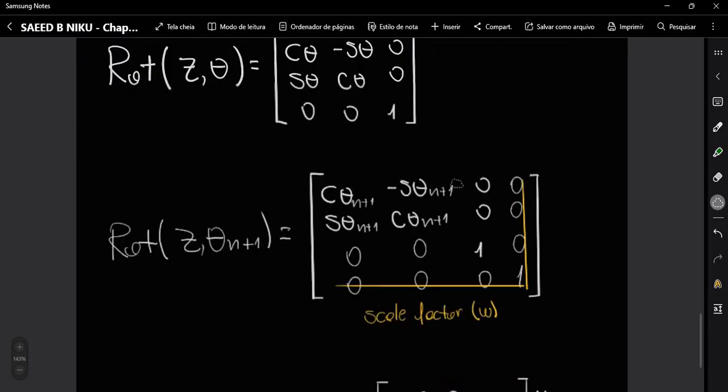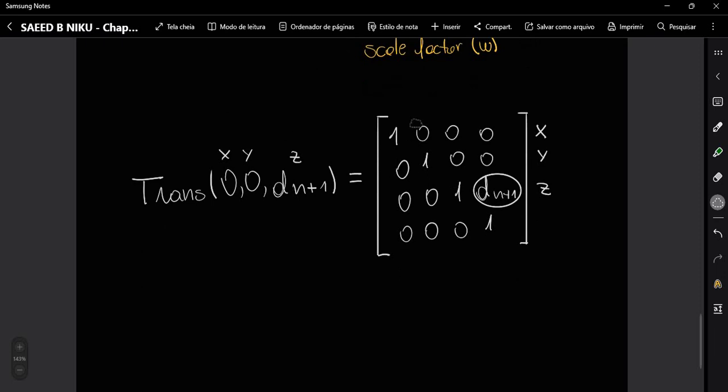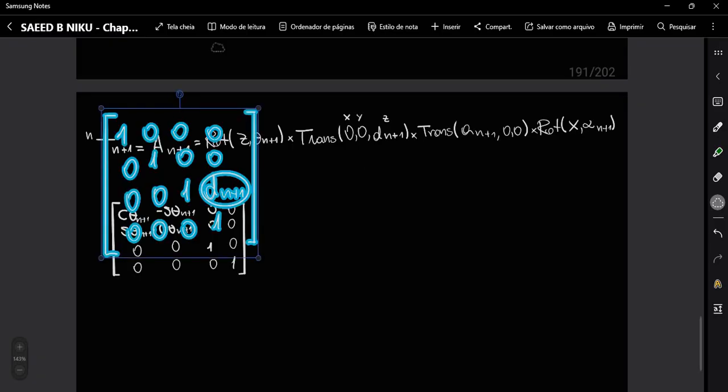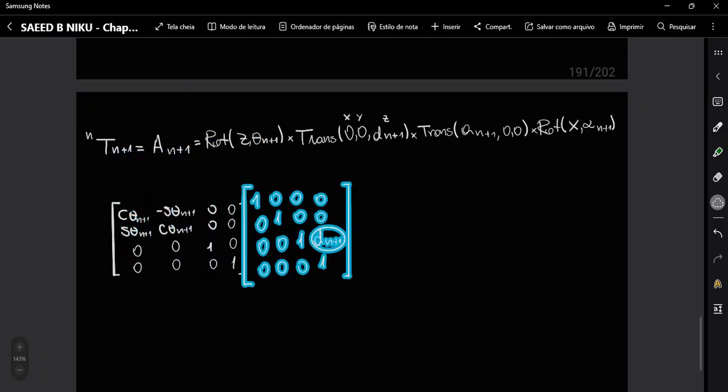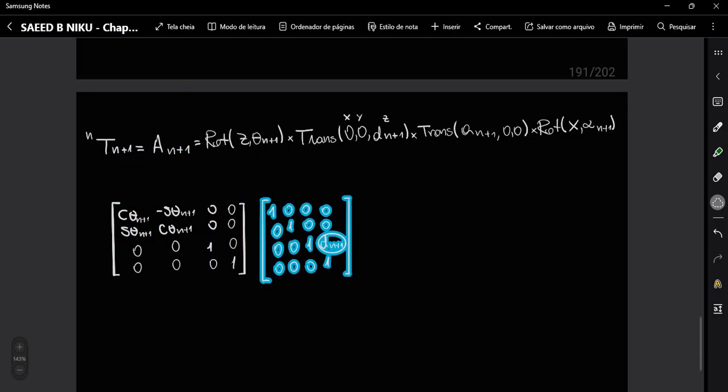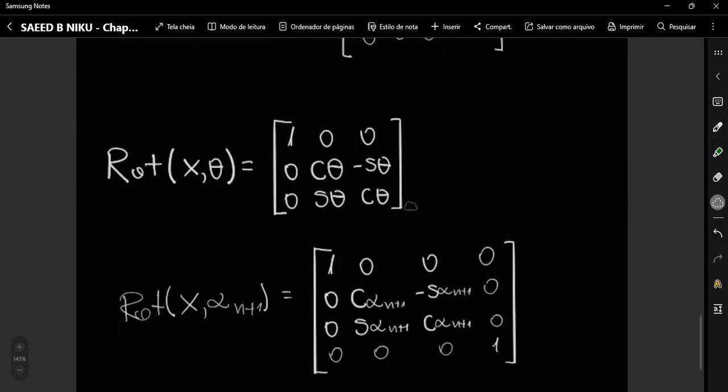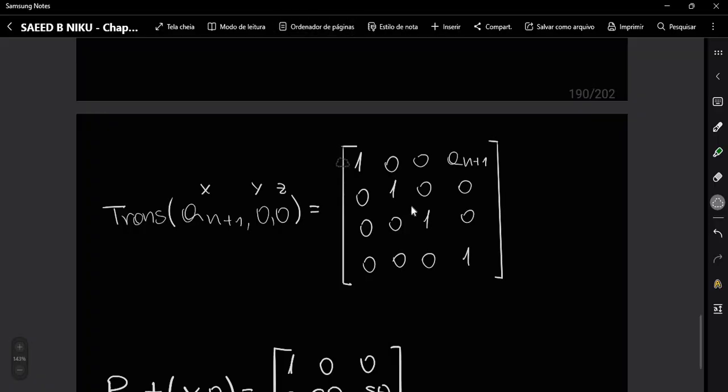Now this matrix, the translation, followed by another translation.